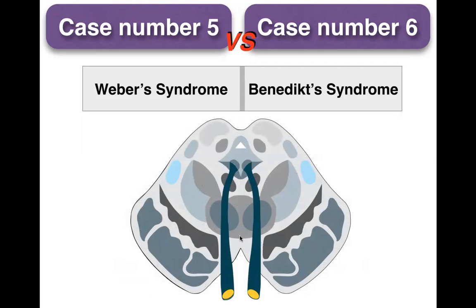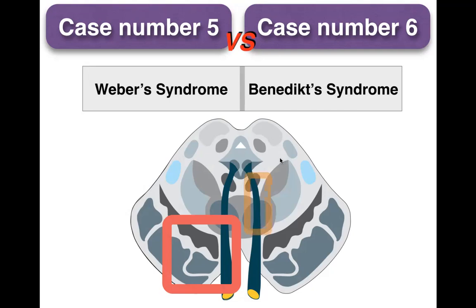So if we're going to have a visual comparison between Weber and Benedict, they both affect the medial aspect of the brainstem. But Weber is more towards the anterior part, medyo nasa bandang harap talaga. This results in a lesion affecting the tract that forms cranial nerve number 3, the corticospinal tract, and can extend all the way up to the corticobulbar tract.